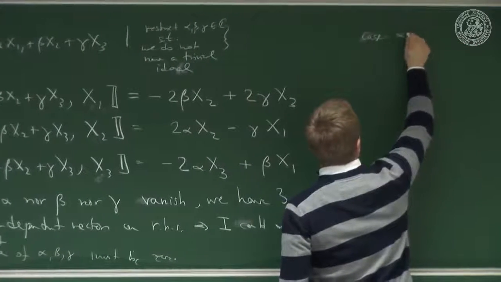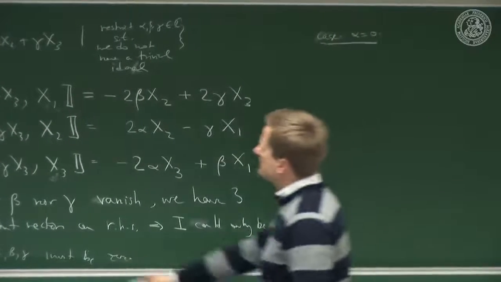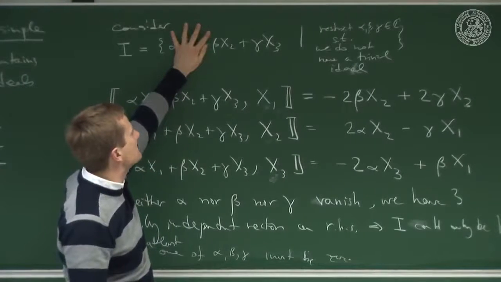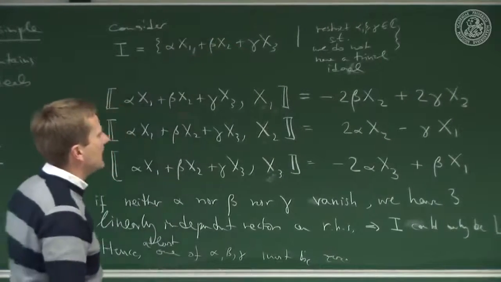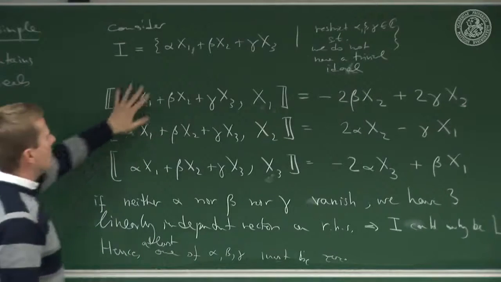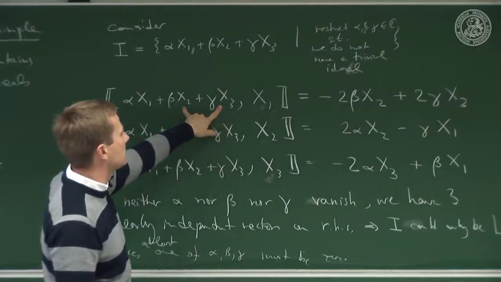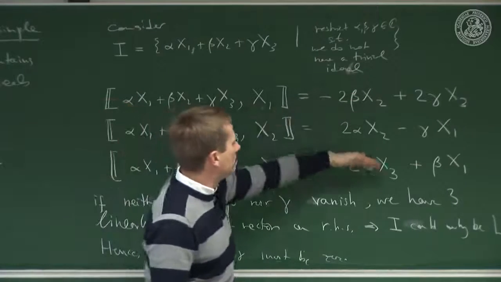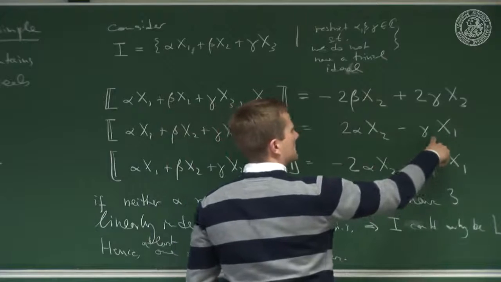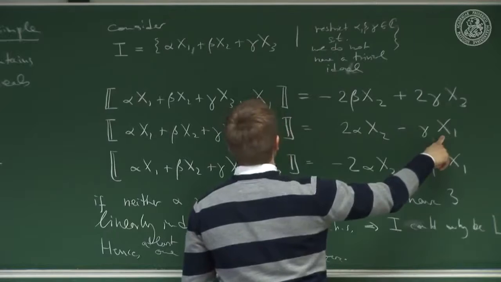And now we have to do a case-by-case analysis. Case alpha equals 0. Now we set alpha to 0 here, that's our restriction, so it means our ideal just lies in the x2, x3 plane. Now if that is true, then in order to have an ideal, also the result must lie in the x2, x3 plane. But you see, gamma is in the way for this to lie in the x2, x3 plane.